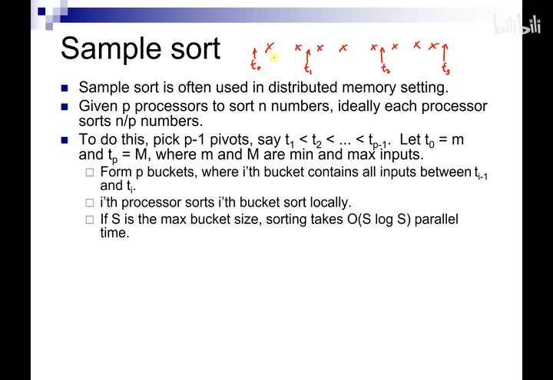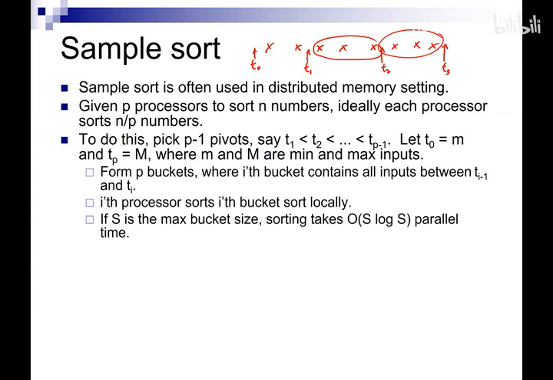that these values are going to cut all of these input values into p buckets, where the ith bucket, these are all the values between t1 and t2, and these are all the values between t2 and t3. We don't assume that each of these buckets is sorted.